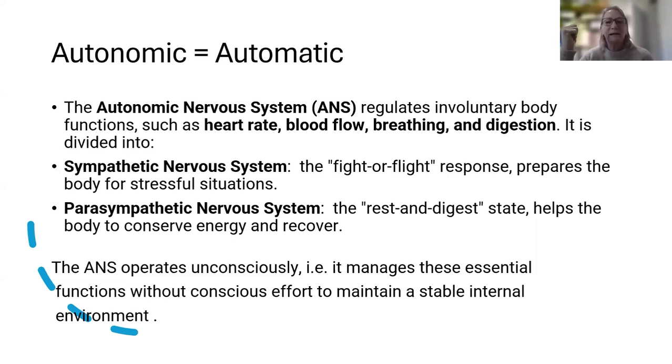All of those things are controlled by the autonomic nervous system, and it has two parts. The sympathetic nervous system, which prepares our body for fight or flight response in stressful situations, and the parasympathetic nervous system, which works in opposition to it and helps the body to conserve energy and recover. And it's totally unconscious. It manages all of these functions without conscious effort.